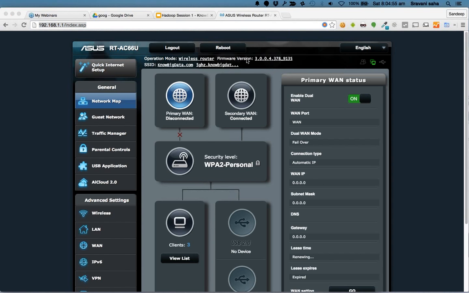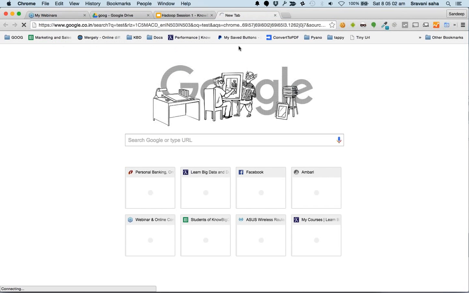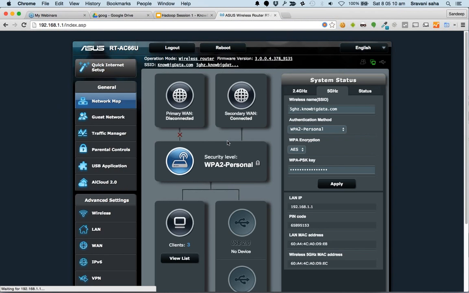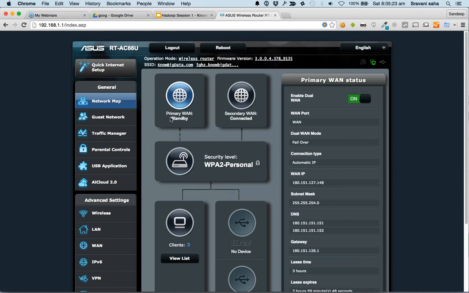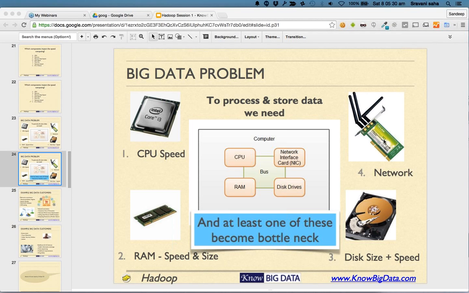Hi, can you hear me? Hi, can you hear me clearly? All right, so yes, I'm here. I had a momentary disconnection because the power went off, so there is some problem from my ISP. Okay, are you able to hear me now?